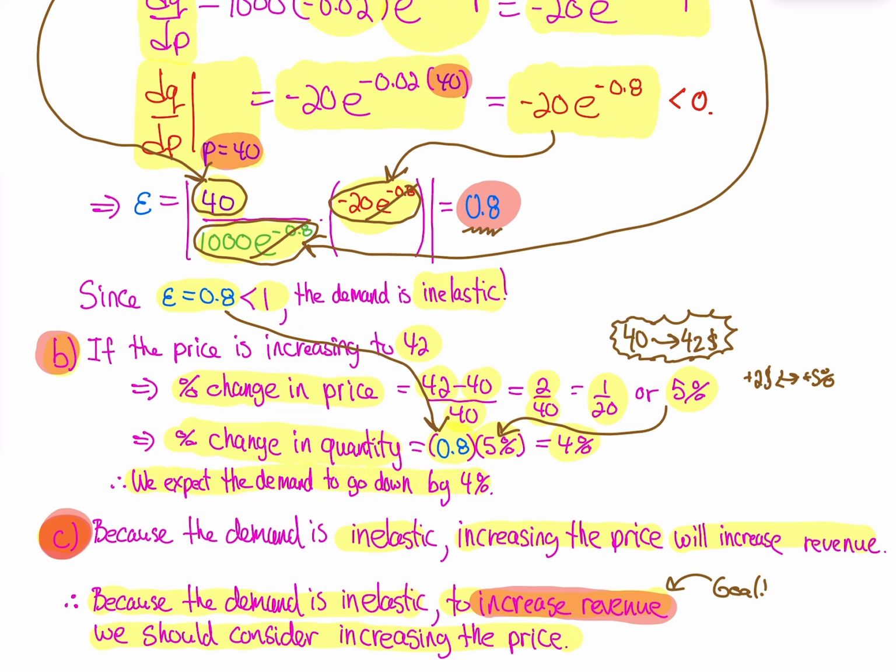It always goes down if you increase the price. So it will go down by 4%. You can see here in the inelastic case that the percentage is always lower, because if the elasticity number is less than 1, then when you multiply it by the percentage change of price, you're going to get a new percentage that will always be smaller.